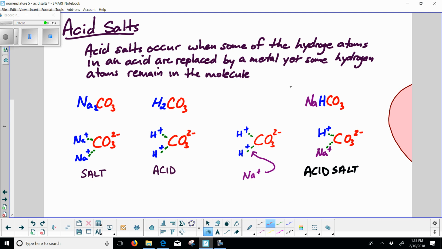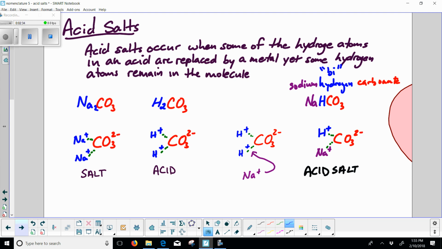So that's one way you can name this. So sodium, hydrogen, and the last part would be carbonate. Now, instead of saying all of this, a shortcut would be to say sodium bi. So bi tells you that there's only one hydrogen present in that particular acid salt.